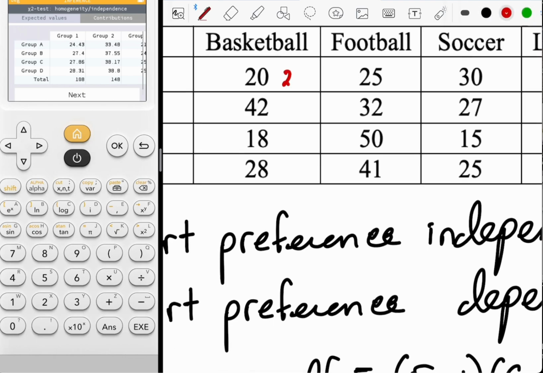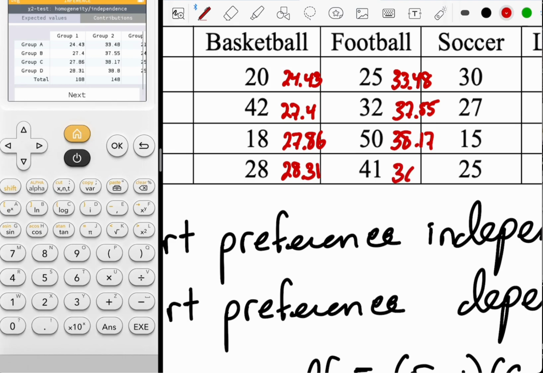So 24.43, 27.4, 27.86, 28.31, and I'll just throw a highlighter on it at some point. 37.55, 38.17, 38.8.